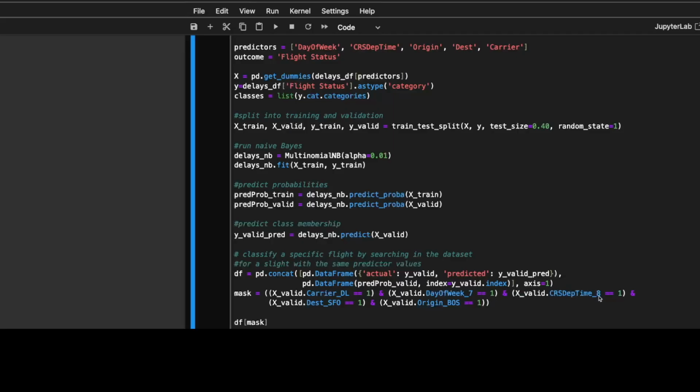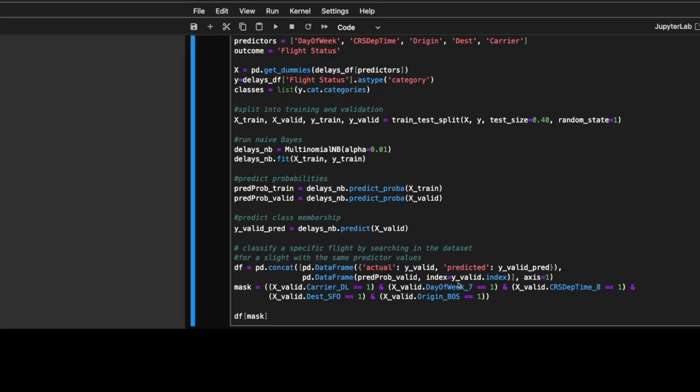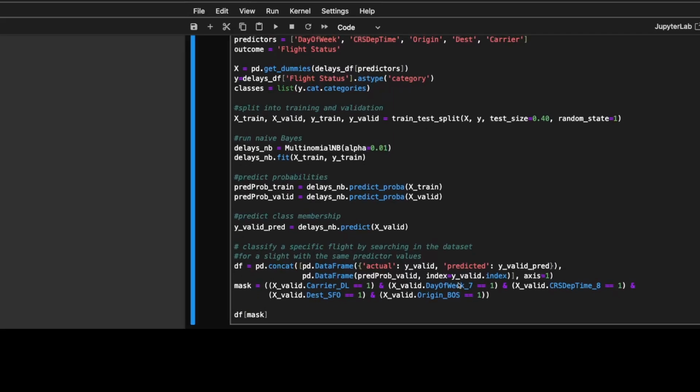We're looking at departure time, which is the 8 a.m. slot, because we have created bins for this, which is equal to 1. We're looking at a destination of San Francisco, which is equal to 1, and then origin of Boston, which is equal to 1. So this is basically highlighting a specific flight for which we want to know what the actual is, what the predicted is, and we also want to know what the predicted probability is.